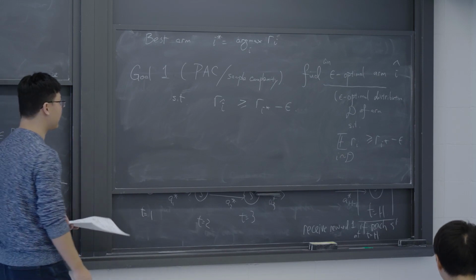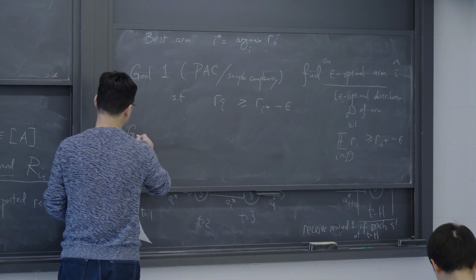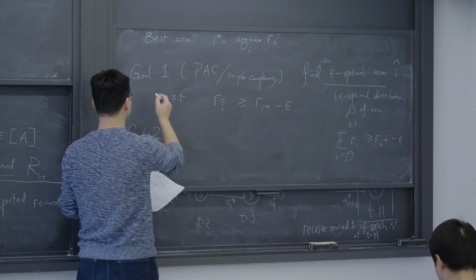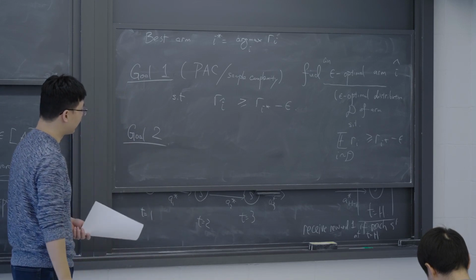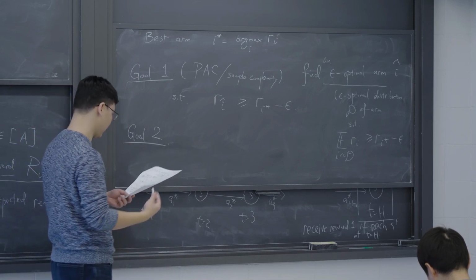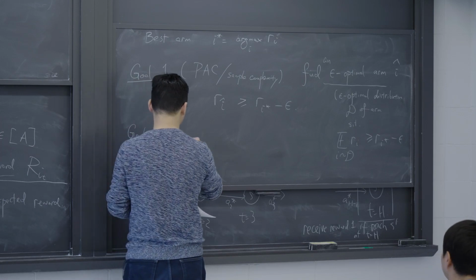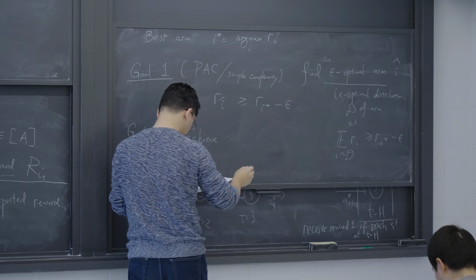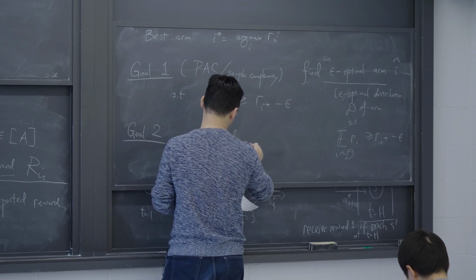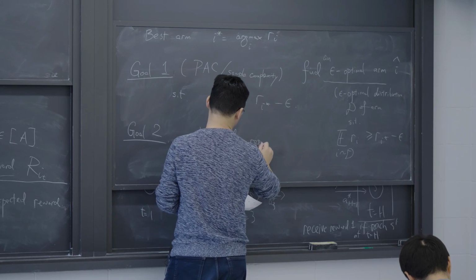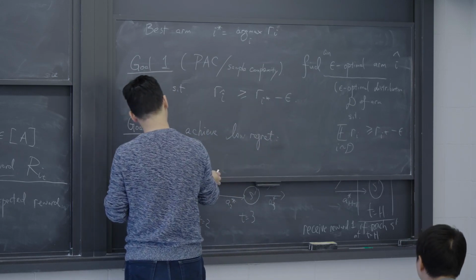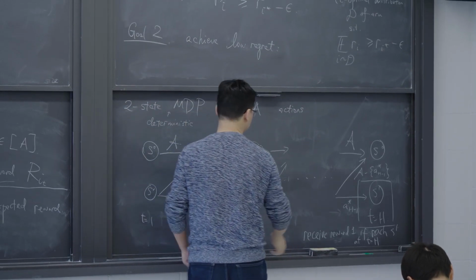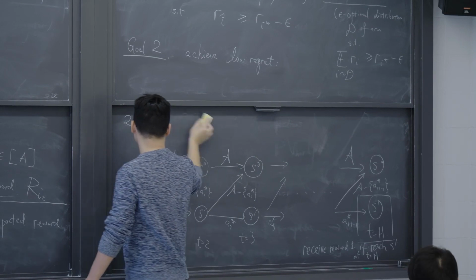And there is a second type of goal in multi-arm bandits, which you can think of as a stronger objective, where we want to achieve low regret. The regret is defined as follows.